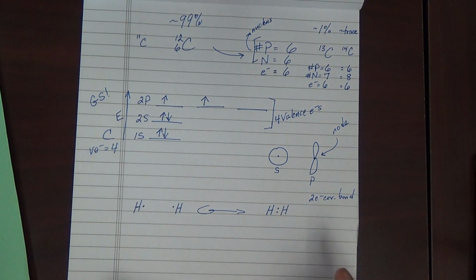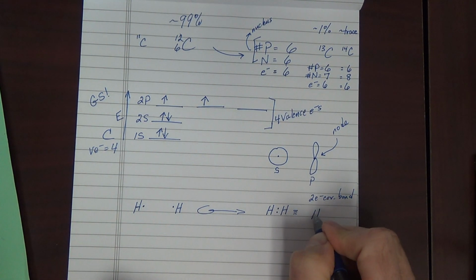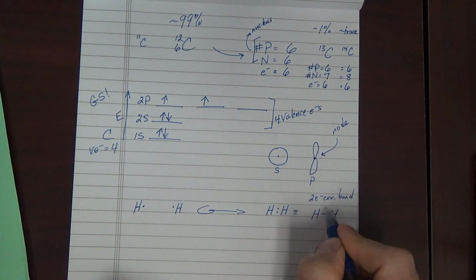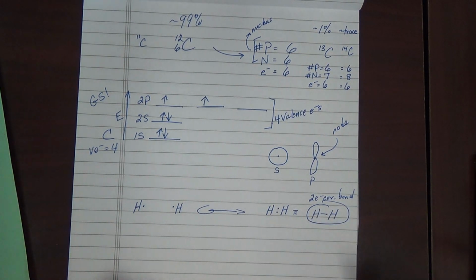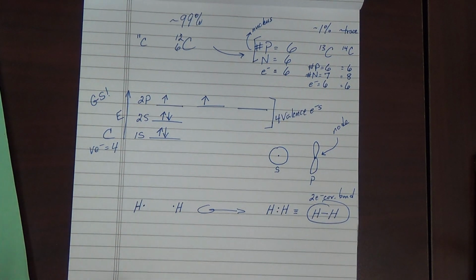Now, where we typically indicate this with a dash, and there you go. I shouldn't have circled it. It's not an orbital. I just circled it to circle it. There's your magical covalent bond between the two H nuclei.